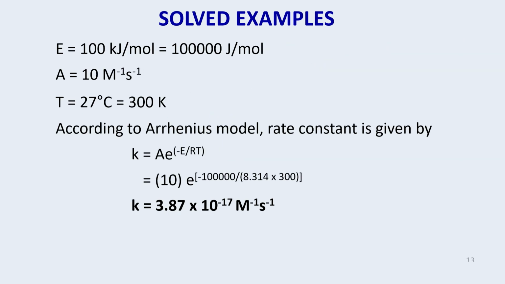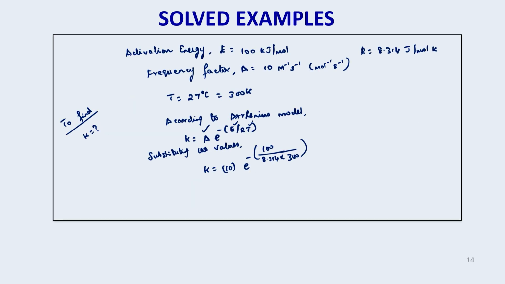So that's what I have substituted here. The activation energy we substitute in joule, because R is in joule per mole Kelvin. So this is 100 into 10 power 3 joule per mole, because it is given in kilojoule.